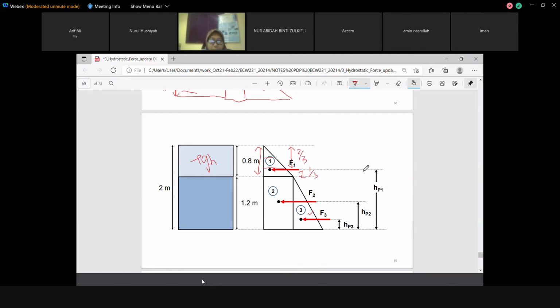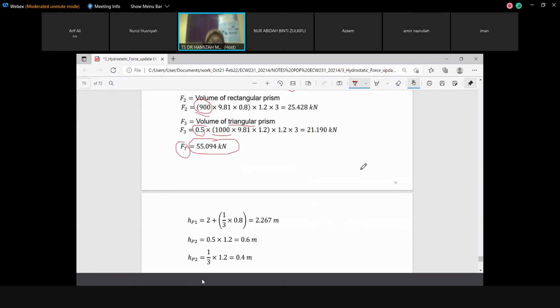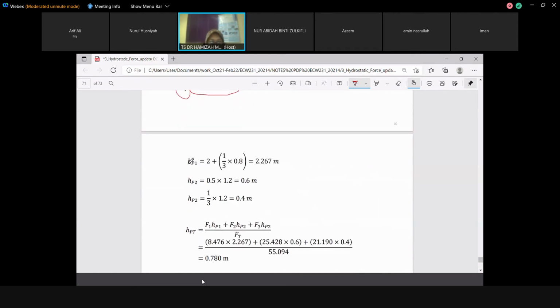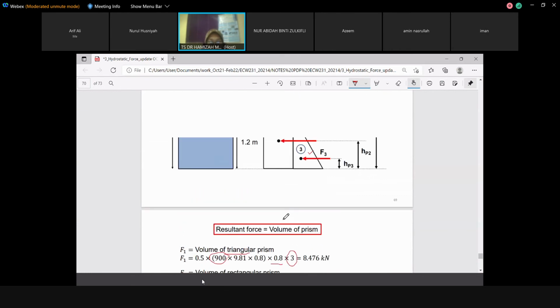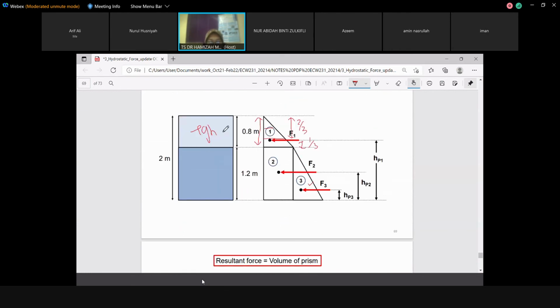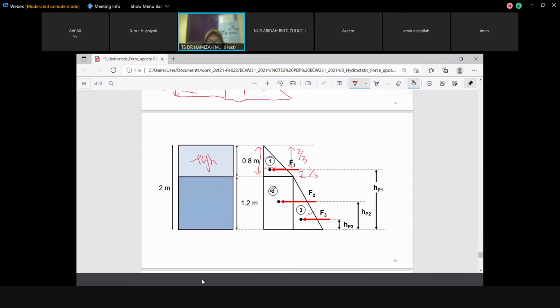Okay, so the examples here showing you to calculate from the bottom. So sebelum ni you belajar from above. So you can choose lah you nak calculate daripada bawah atau daripada atas. It's the same thing. So HP1, 1/3 daripada tinggi dia 0.8. 2 ni dapat daripada mana? Daripada tinggi, tinggi ni.